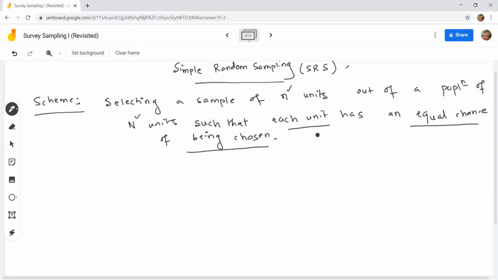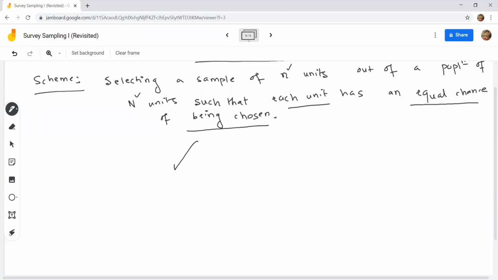Basically this SRS has two parts, which is your SRSWR and SRSWOR, right? So WR stands for with replacement, WOR stands for without replacement.